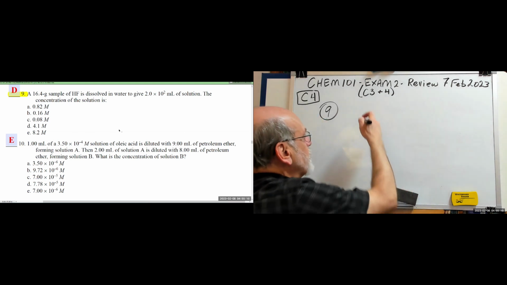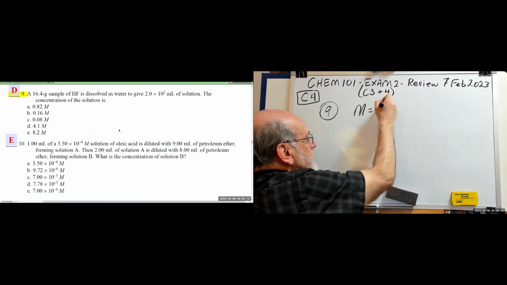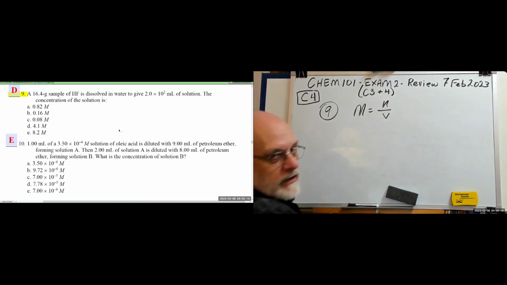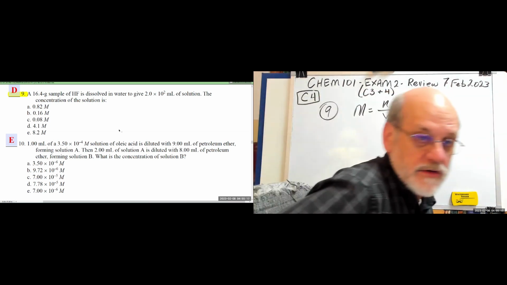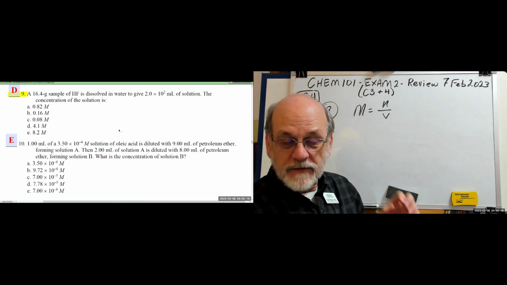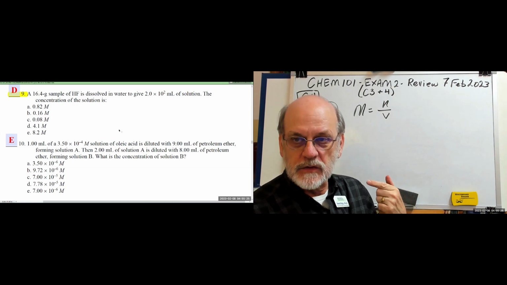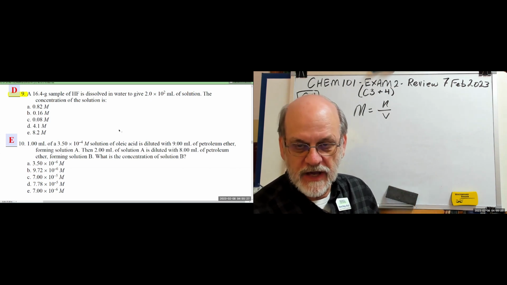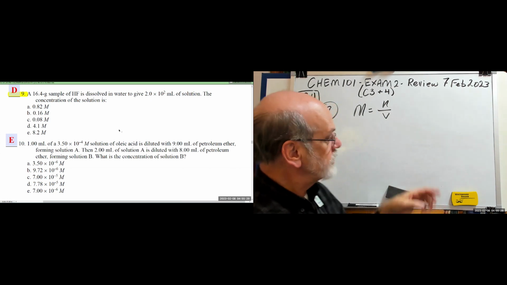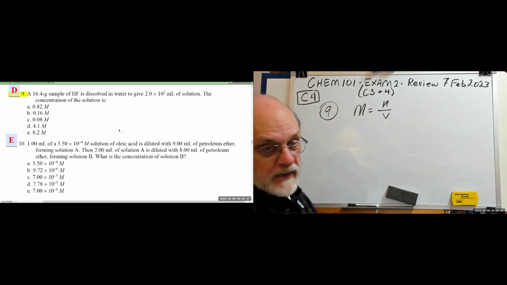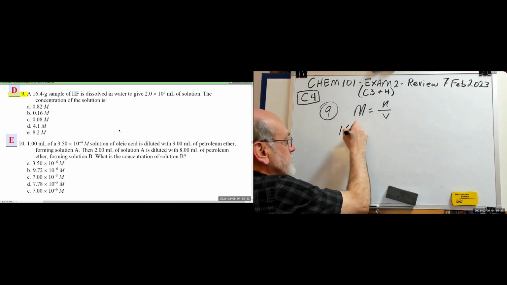Remember the definition of molarity: moles per unit volume, and that volume is in liters. So we have to convert hydrogen fluoride, which is a gas in its pure state, into moles of HF, and then ratio it with the final volume. So it's a fairly simple calculation.